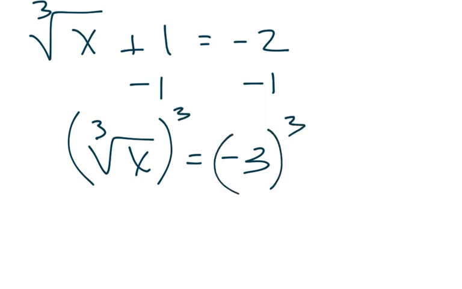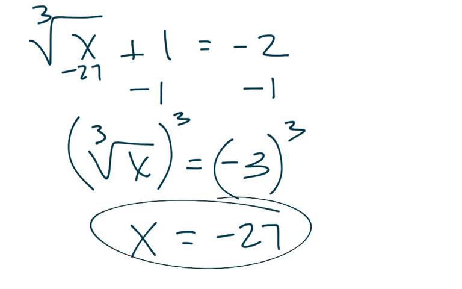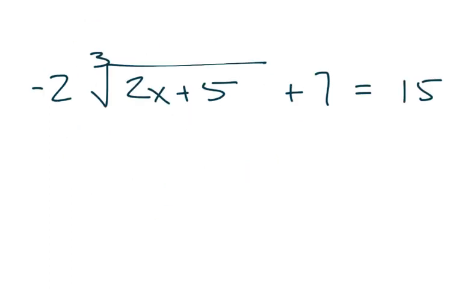All right, so the same way that squaring cancels out a square root, cubing cancels out cube roots and leaves us with x equals negative 27. Negative 3 times negative 3 times negative 3 is negative 27. If we plug that in, just to check it out a little bit, what's the cube root of negative 27? Well, it's negative 3. Plus 1, yep, that equals negative 2. It's not extra. It's the correct solution. It's not extraneous. All right?